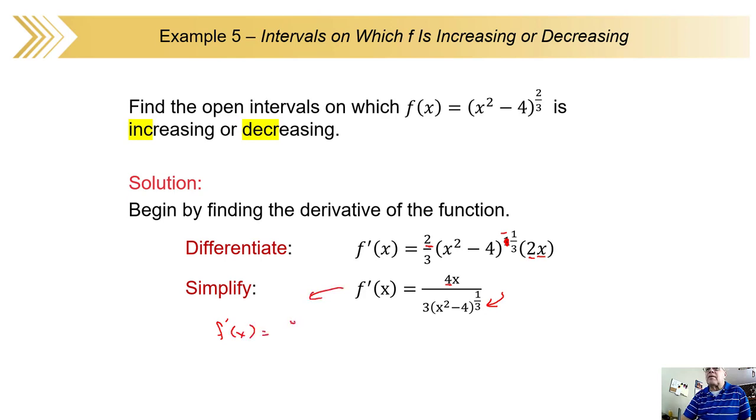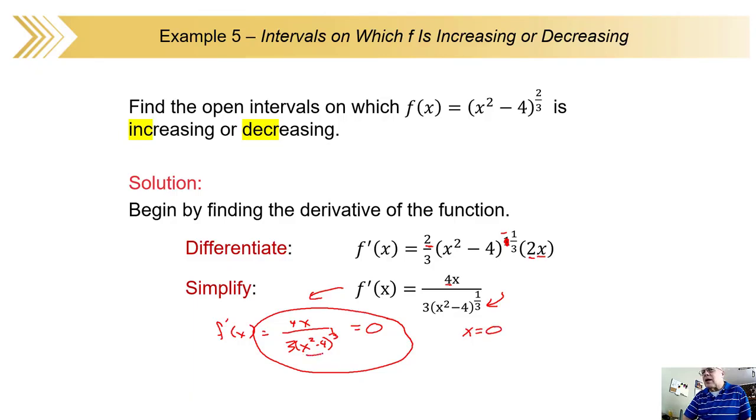Set that, 4x over 3 times x squared minus 4 to the 1/3, equal to 0. Now you're looking for a couple of different things. First of all, what would make it equal to 0? Well, if this x right here is 0, then the derivative is going to be 0. So x equals 0 is a critical point.